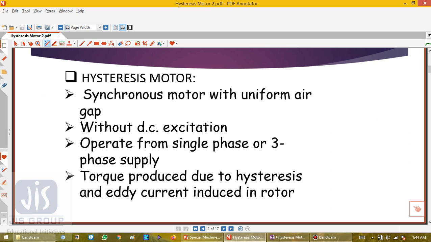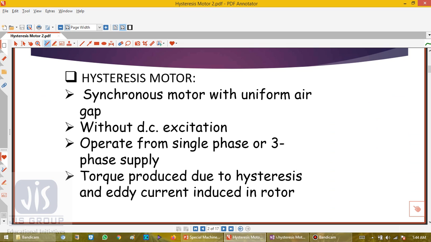A hysteresis motor is a synchronous motor with a uniform air gap and without DC excitation. So this is the definition of the hysteresis motor. It is basically a synchronous motor with uniform air gap and without DC excitation.